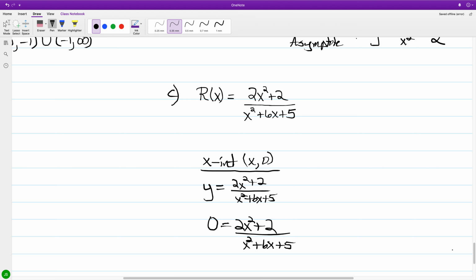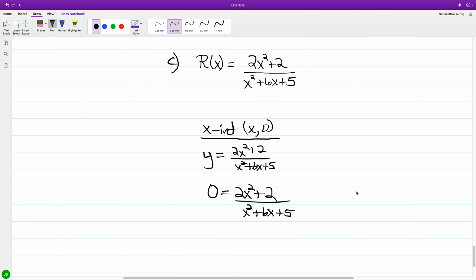And if I multiply both sides of the equation by x squared plus 6x plus 5, we're going to have 0 equal to 2x squared plus 2, trying to find out what we're going to have for the x values.